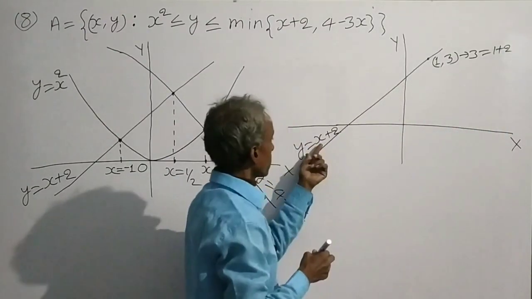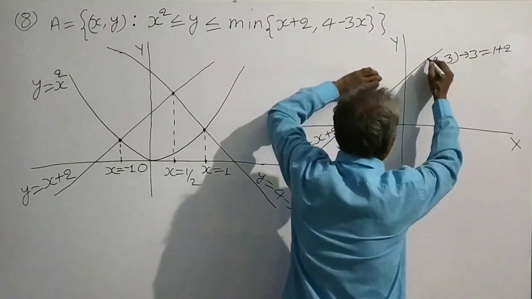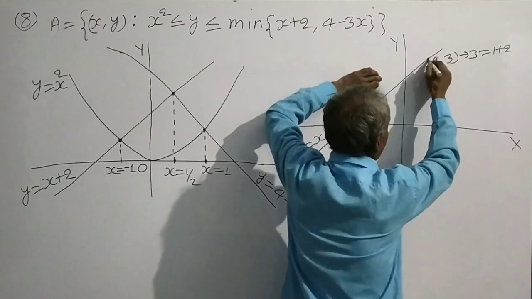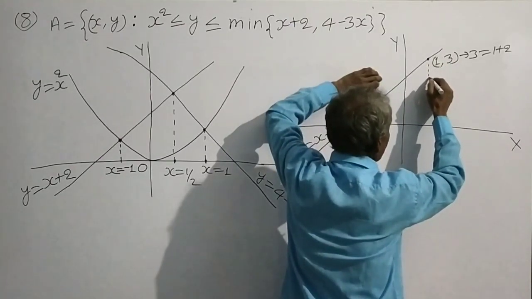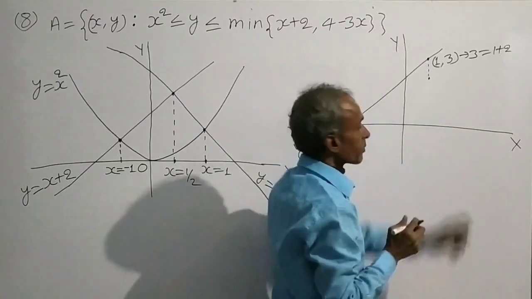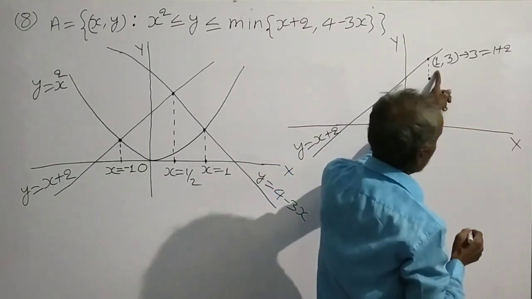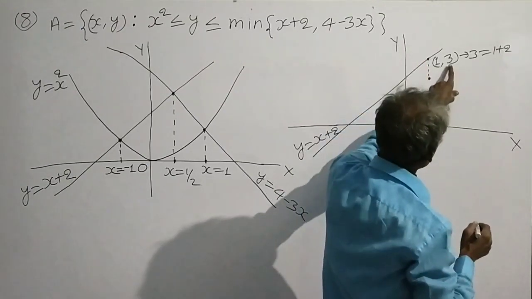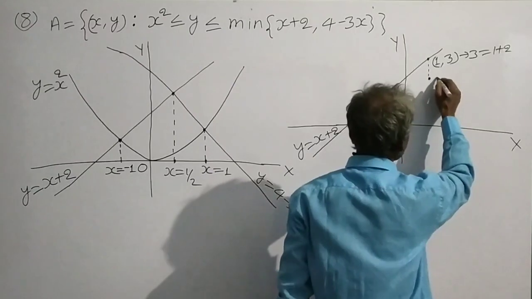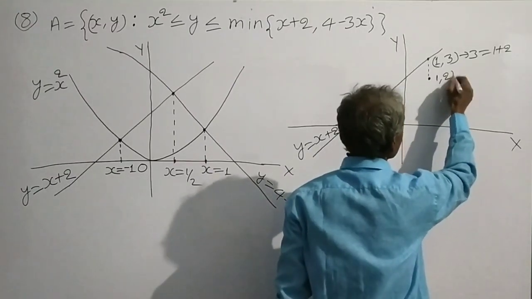That means this equation is satisfied. From this point, we move 1 unit below. The x coordinate of this point will be 1, but the y coordinate will be 1 less than 3. That means the coordinate of this point will be (1, 2).